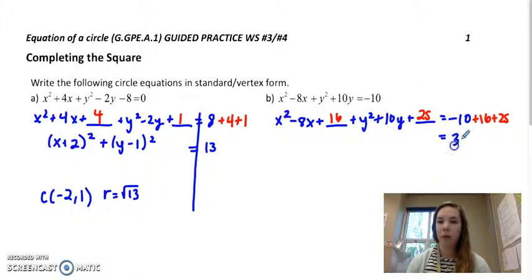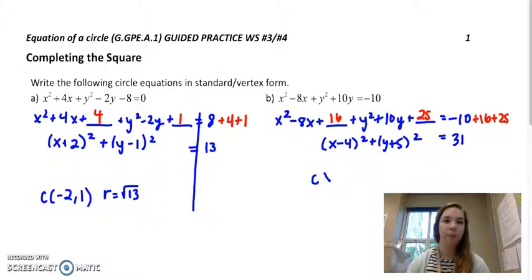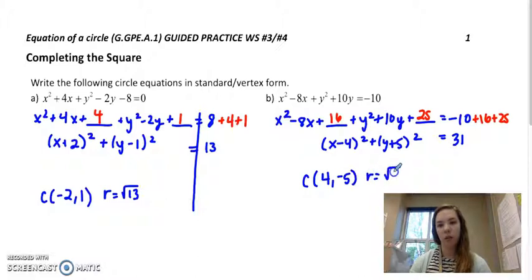So this will be 31. Over here I have x minus 4 squared and y plus 5 squared. So our center is 4, negative 5, and our radius is the square root of 31, which again I don't believe simplifies.